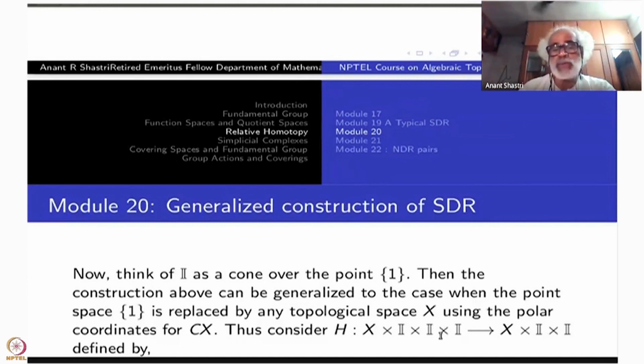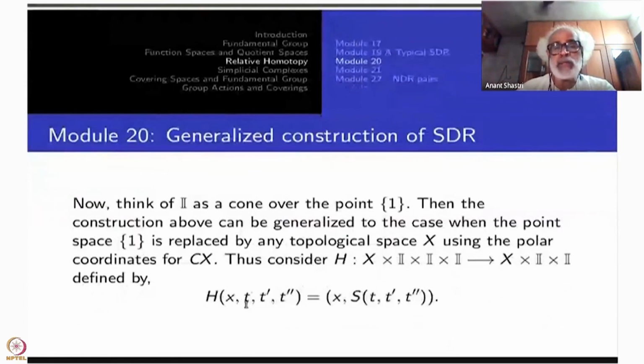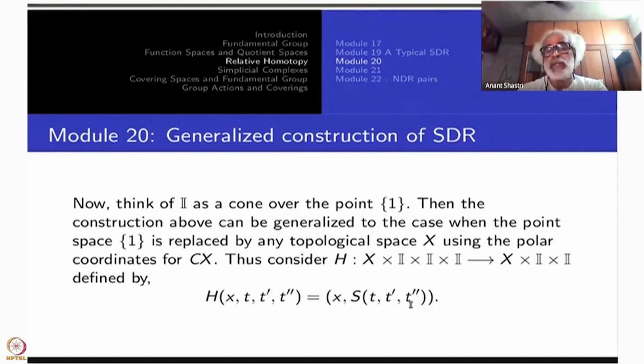Okay. So therefore, let us define H as h of (x, t', t'') is x as it is, and take S of the other three variables, S of (t', t''), which is obtained by stereographic projection from (0, 2).